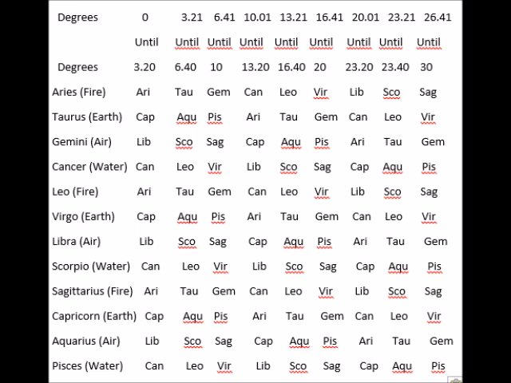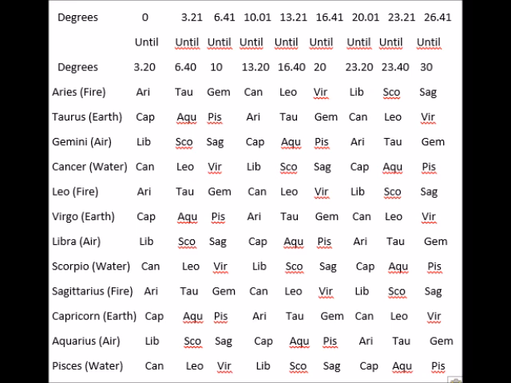So we go to this table, and we see that between 10 degrees 1 minute until 13 degrees 20 minutes comes under Cancer in front of Aries. And all you have to do is, when you draw that Navansha chart, in the ascendant of that Navansha, you will put number 4, which is represented by Cancer.